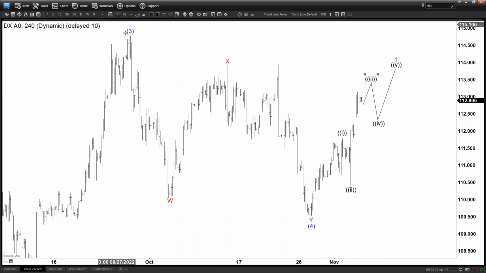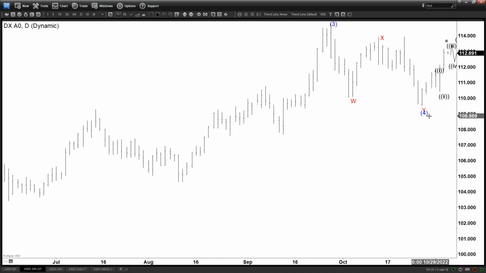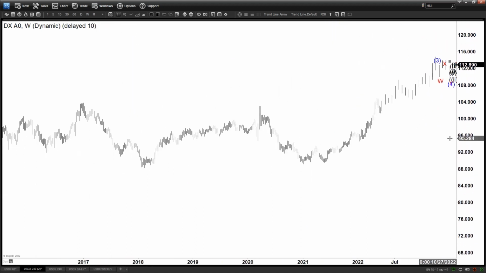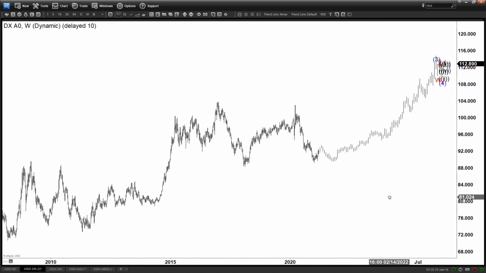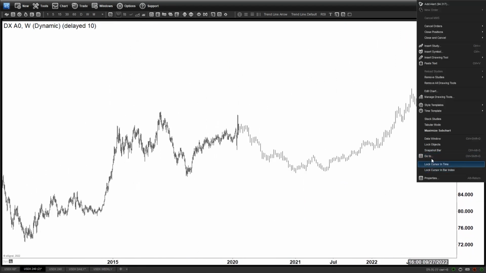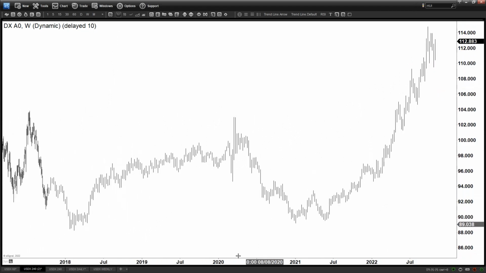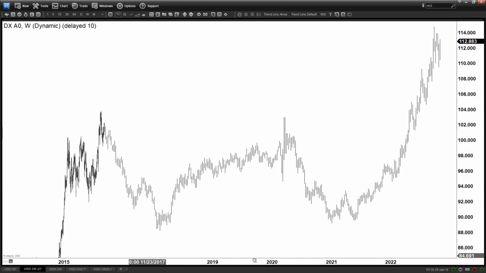Trend is bullish, as evidenced by the move down being only a 3 swing. Not only that, just take a look at the daily and or weekly, and anybody that says this is bearish, then I cannot really say anything about it, because look at this. This is clearly bullish. There's no question, no argument, this is bullish, right?